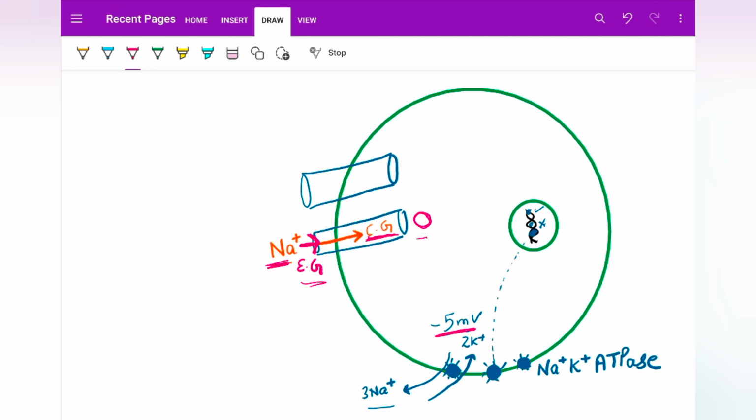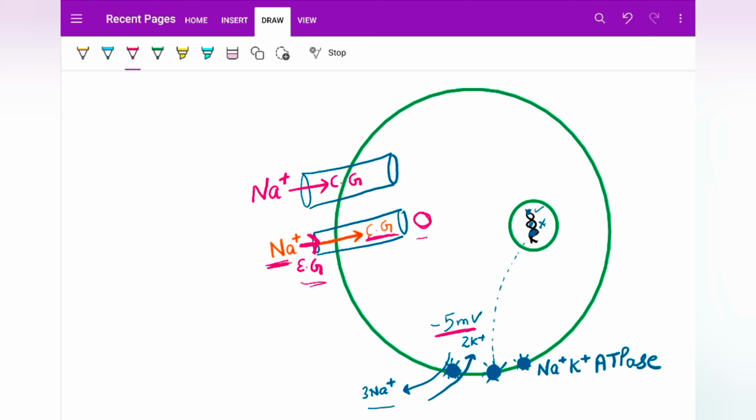Our sodium is very determined. It will still come in. Why so? Why will sodium still come in? Because the concentration gradient is powerful. It is powerful enough that even though we don't have any electrical gradient now, the concentration gradient is so powerful that it still drives the sodium inside the cell.